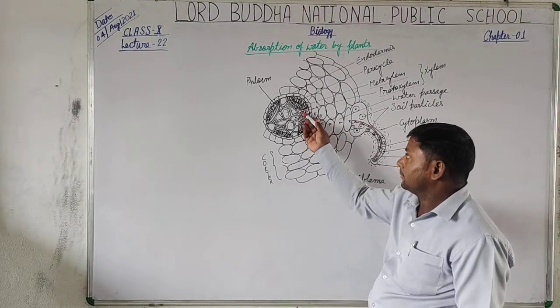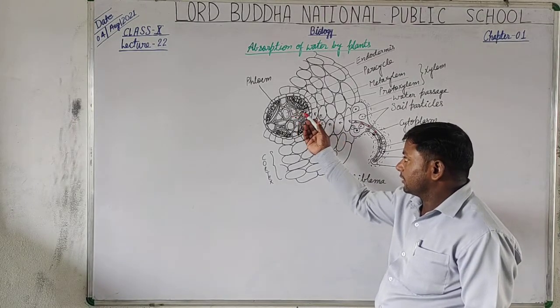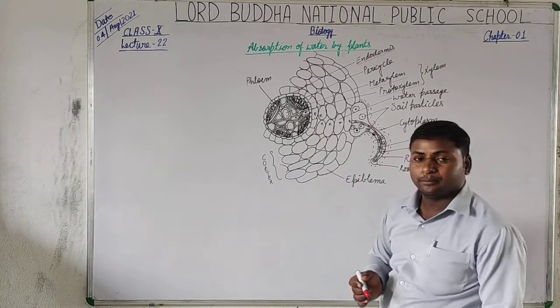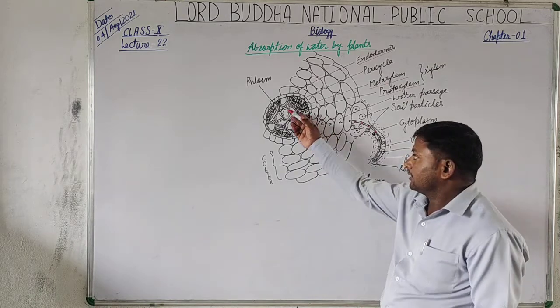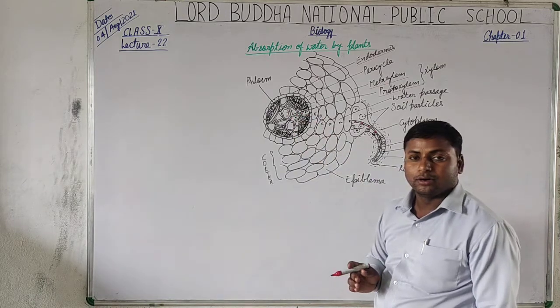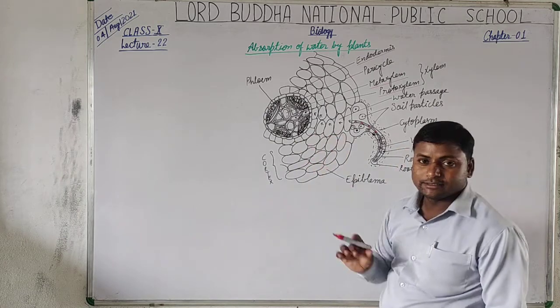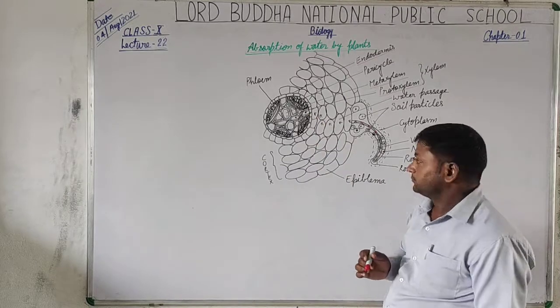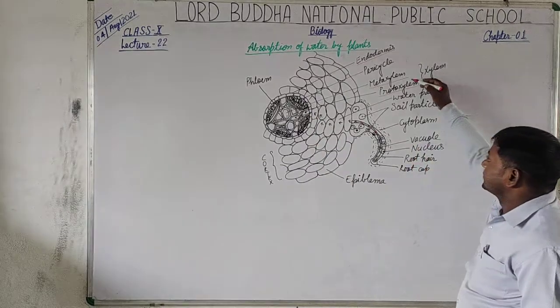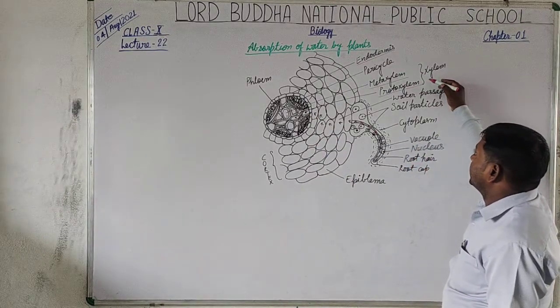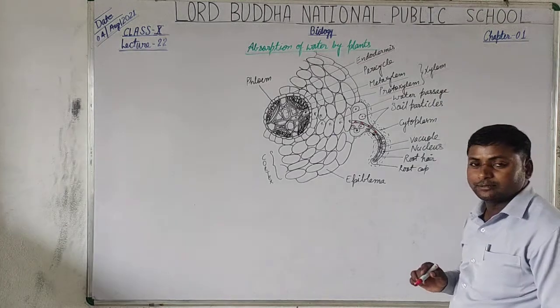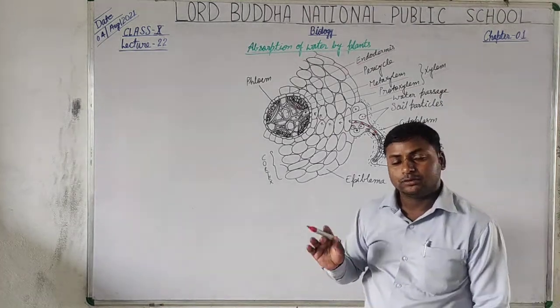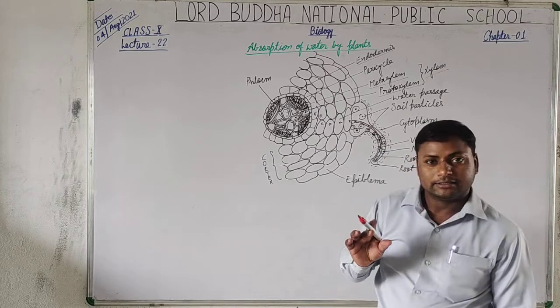In the diagram, if we compare the protoxylem with the metaxylem, the metaxylem is somewhat larger in structure. So students, the metaxylem and protoxylem collectively form the xylem system.